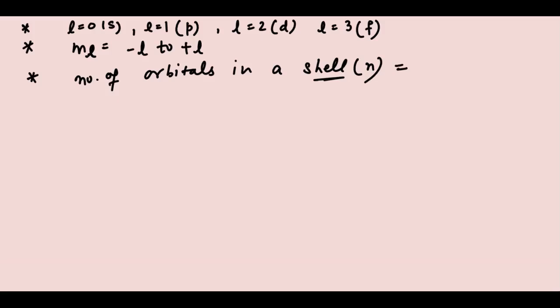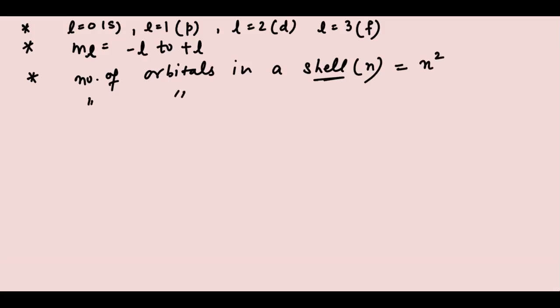If we wish to calculate the number of orbitals in a shell, we use the formula with only the n symbol, because we are calculating the orbitals from the shell, and the shell is represented by n. So the number of orbitals would be n square. This is something important to remember.